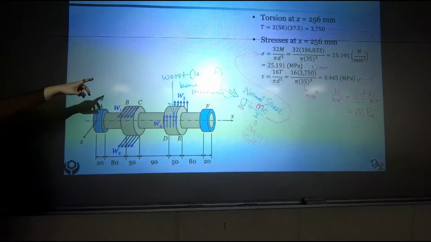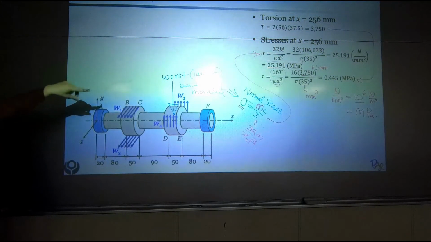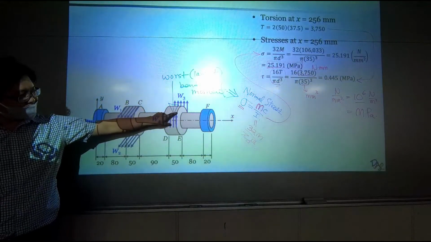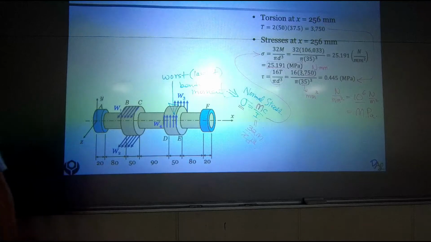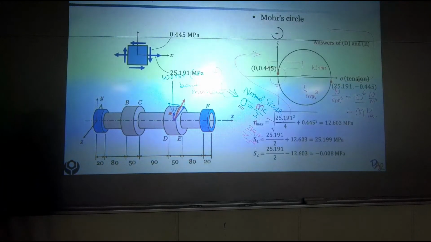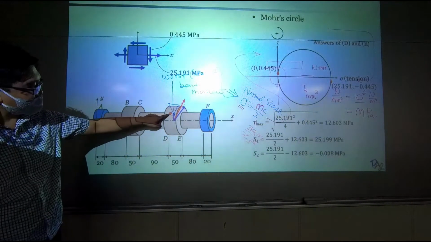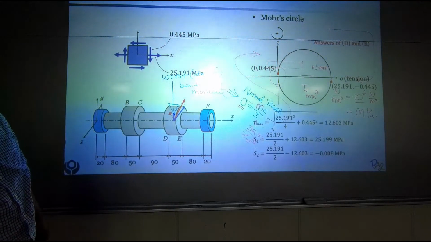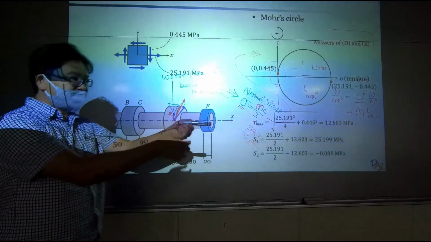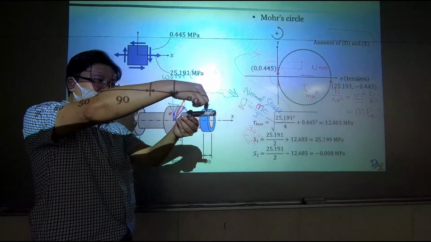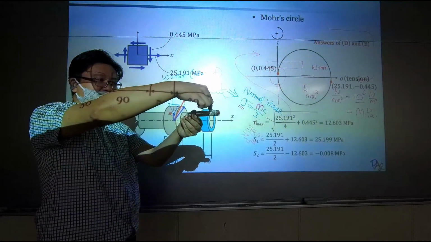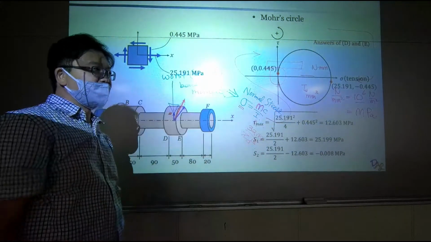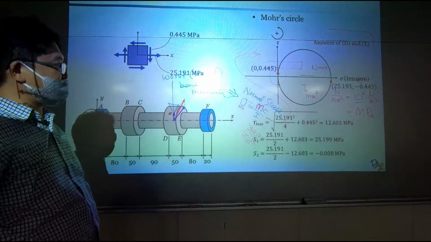So since we have normal stress and shearing stress at this point, somewhere at the top of the cylinder, it's actually somewhere right there. I'll try to show you where it is. It's at some point above at the skin of this cylinder, just following the direction of the total moment.